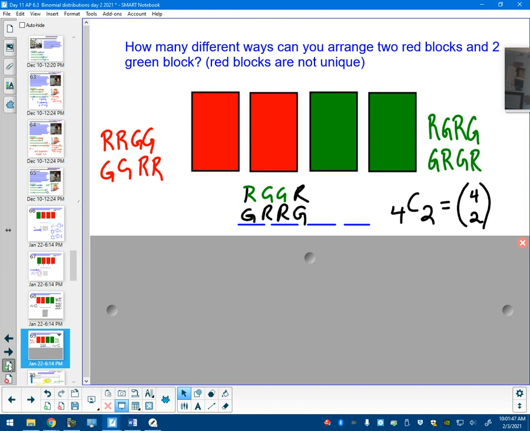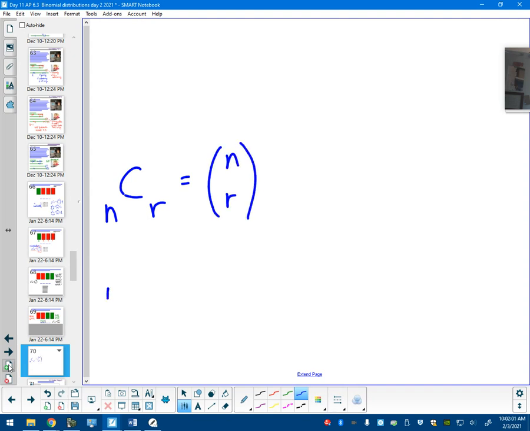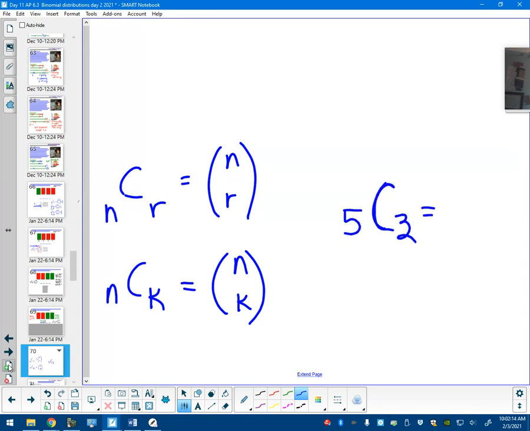So, something you should know about this combination stuff. Whatever is here, of course, our calculators call it n and r, but not the AP people. College professors, once again, it's n and k. So basically, if you have 5 books on the table and you want to choose 3 to read, how many different ways can you do that?